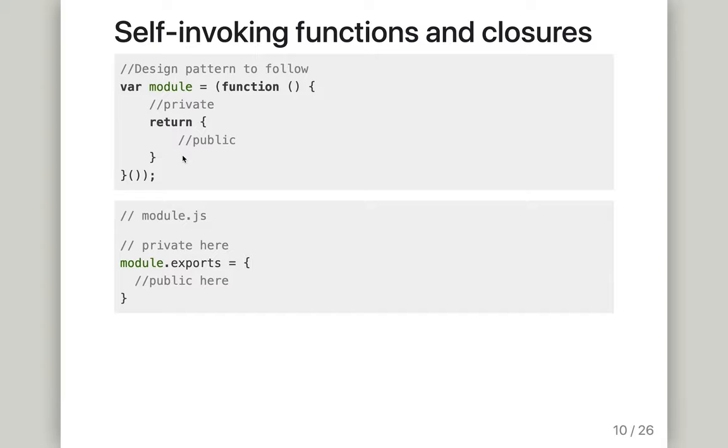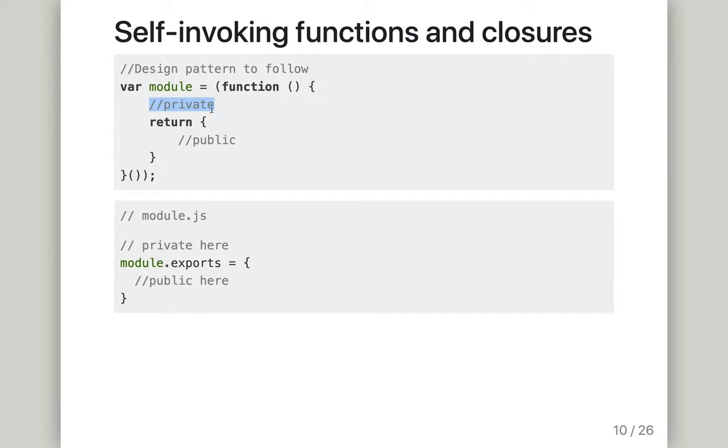So how do we do data protection so that no one outside of this scope can modify it? We have only one scope, which is the functional scope. I hope everyone knows. So anything we want to hide from the outside world, we have to create inside the function.